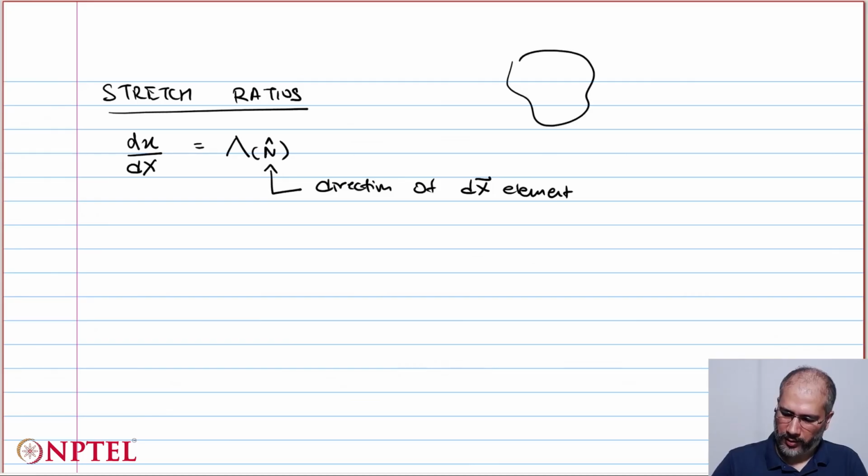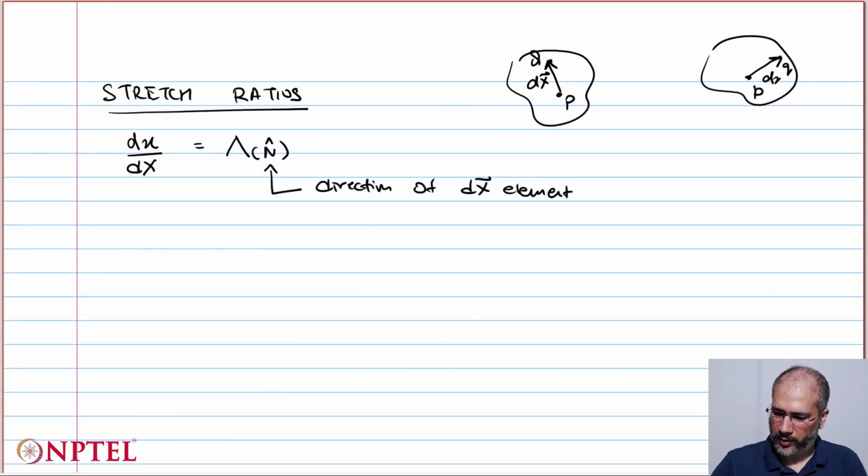So just to draw our usual deformation picture, we have the point P and point Q here, which results in this d capital X, and the image of these points are small p and small q, which results in this d small x vector. So in the stretch ratio, we have the magnitudes of these d small x and d capital X.